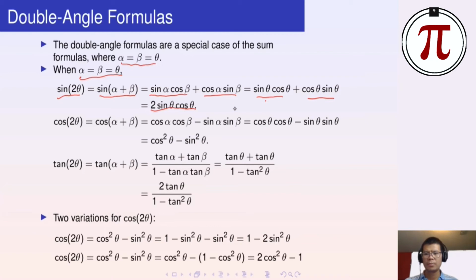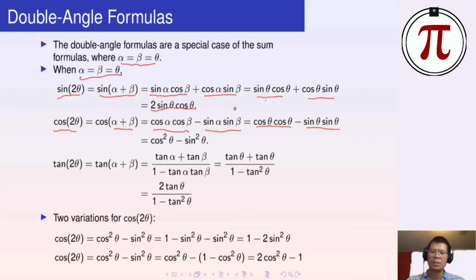Now, similarly, cosine 2 theta is going to be cosine of alpha plus beta. Using the summation formula, we have this. Now, alpha and beta are the same, so it's cosine theta times cosine theta minus sine theta times sine theta.